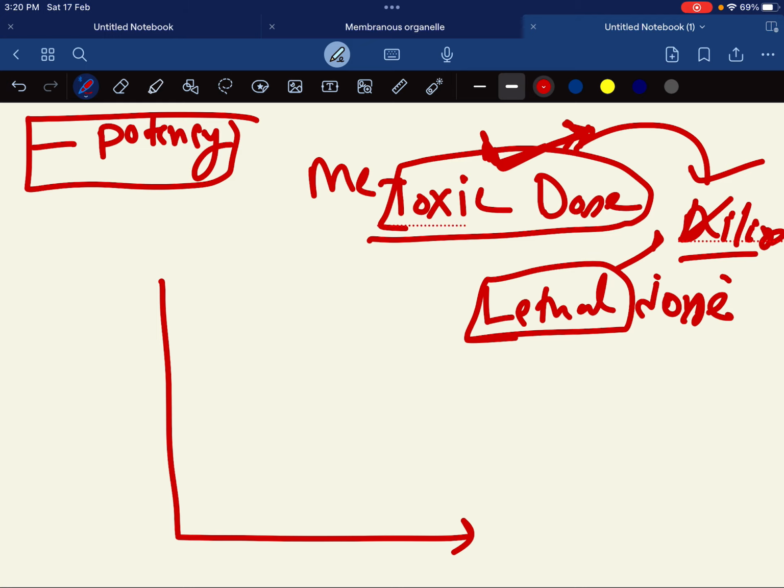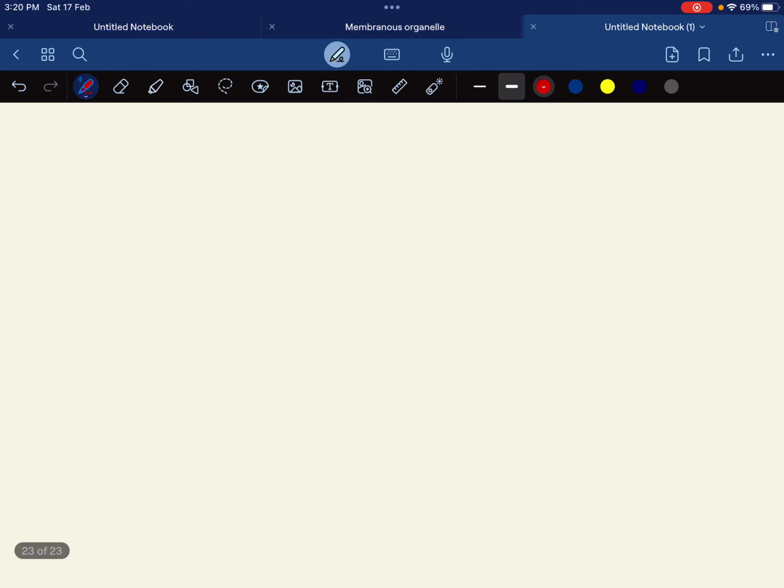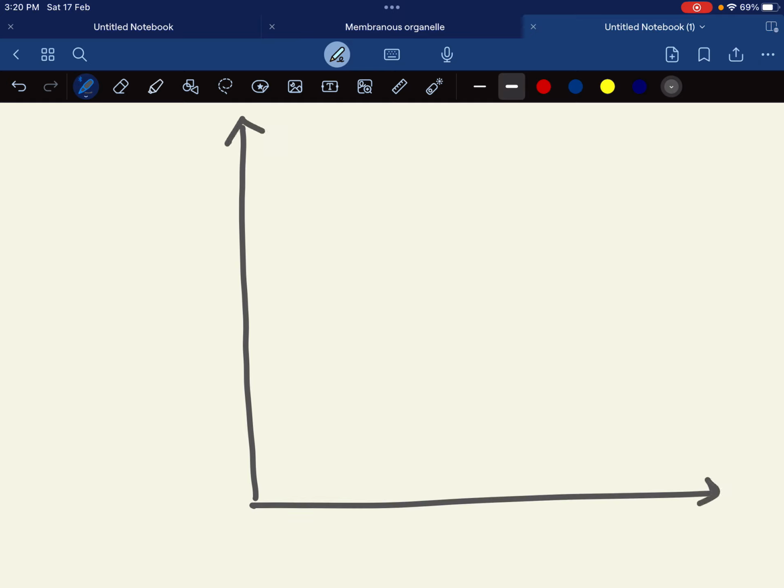Now I am considering a large graph. Let me draw this. Suppose this one is dose. When you increase the dose, it is common sense that as you increase the dose, toxicity will appear in more and more people. So this will also give you a sigmoid shaped curve. This is for toxicity.